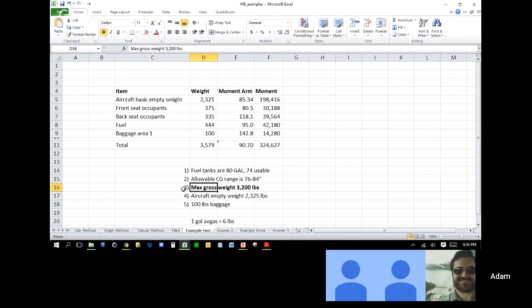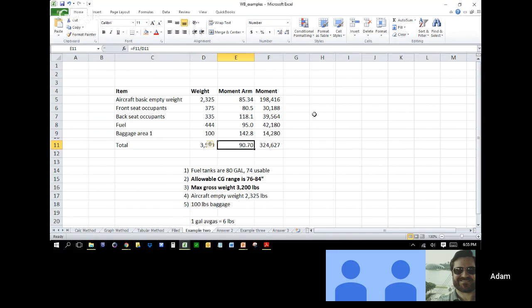Yep, because the maximum gross weight for the aircraft, meaning the maximum that it can weigh for takeoff, is 3,200 pounds. It's coming in at 3,579. And the allowable CG range, center of gravity range, is 76 to 84, and it's coming in at 90.